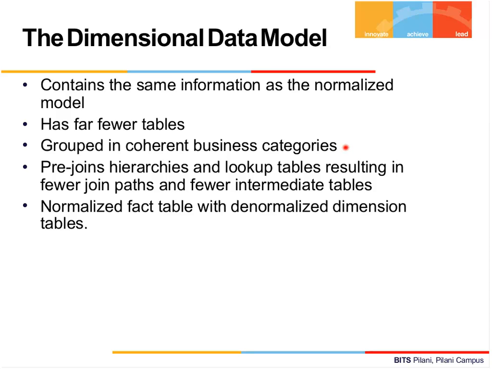What I'm trying to say here is again, don't mix up business processes. You try to stay within your business process and then build something. And for sure, as I said, it will be far fewer tables than the OLTP database. Only if you're looking at the dimensional model, that's all.